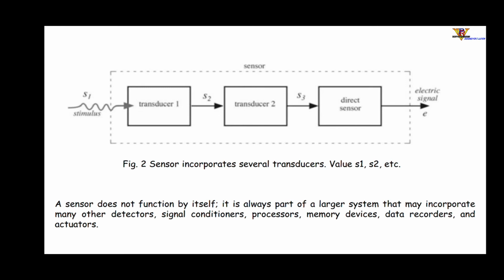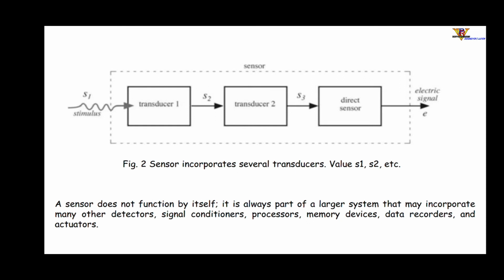So a sensor does not function by itself. A sensor is always a part of a larger system that may incorporate many other detectors. Like in figure 2, we can say that at output we have a direct sensor, but the total sensor may incorporate many other detectors or transducers, signal conditioners or processors, memory devices, data recorders and actuators.